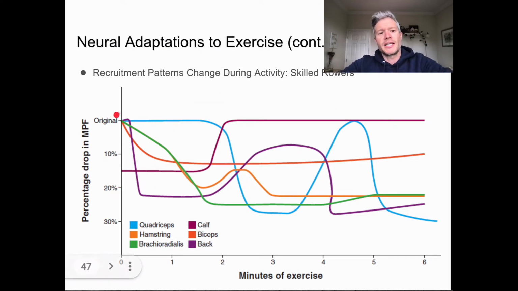We notice that if we were to take just purely a strength or a power trained individual, we might see a similar initial recruitment pattern as someone who's highly skilled.